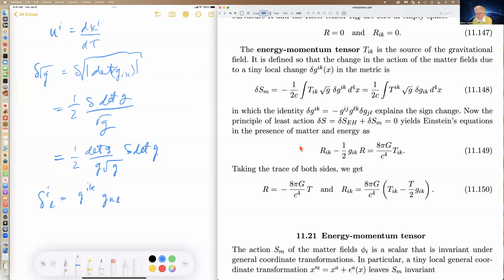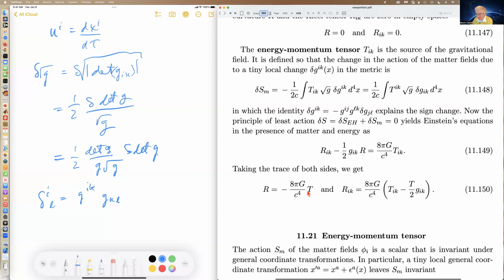If you take the trace of both sides, you see that here we're taking the trace of this, you get the curvature scalar. When you take the trace of this, you get 4, and so you get 1 minus 2 times r, and so that turns out to be minus r. So that gives you this minus sign here when you take the trace of the right-hand side.